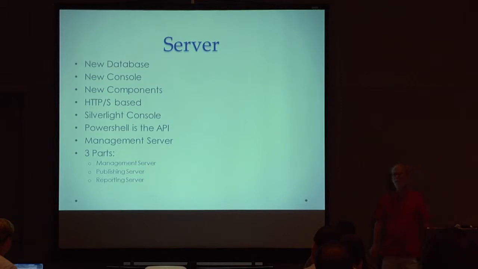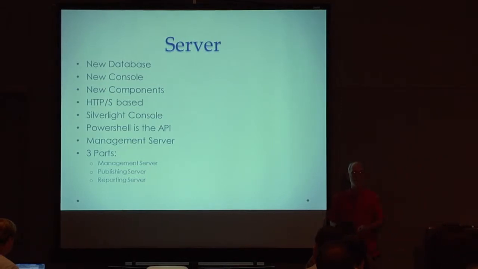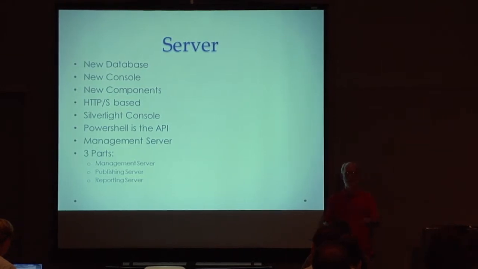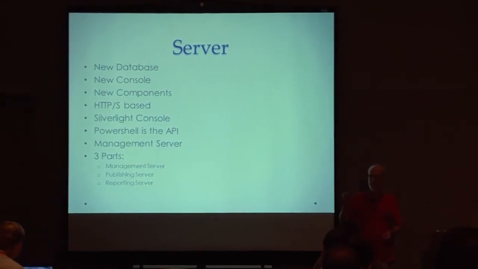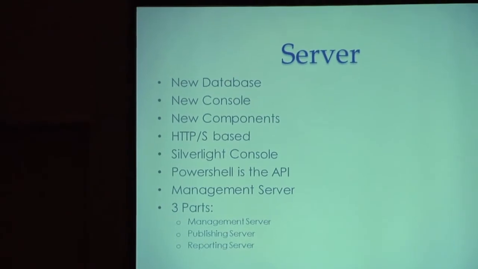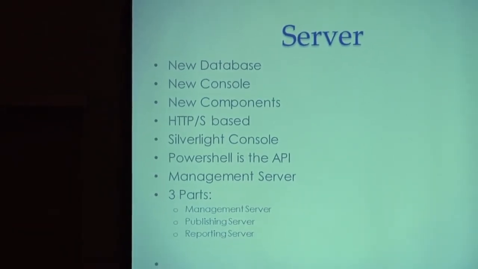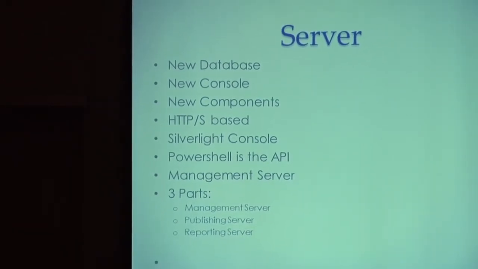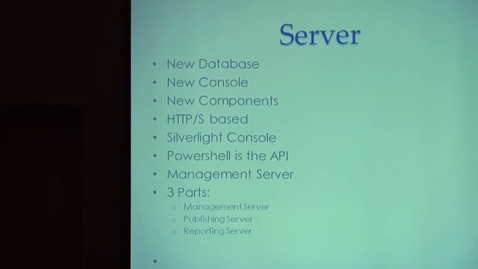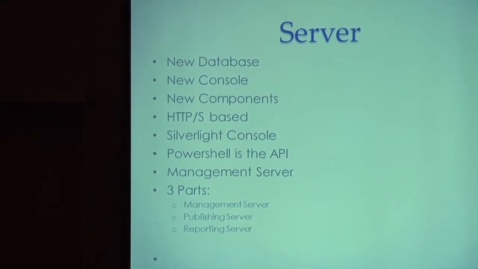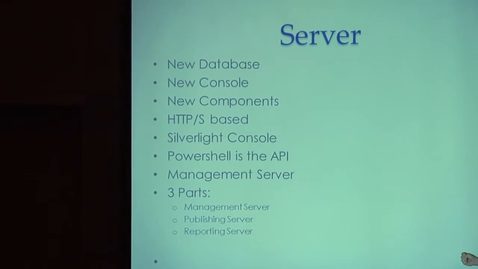Okay, the server. Where we used to have 2 pieces to the server, we now get 3 pieces to the server. So the third one is that reporting server. It just came new in the beta 2 release yesterday. So we get a whole new database. In fact, not only do we get one new database, we get 2 new databases.